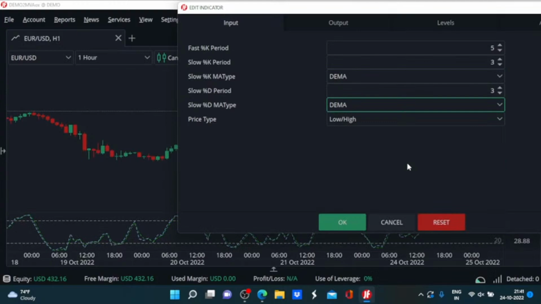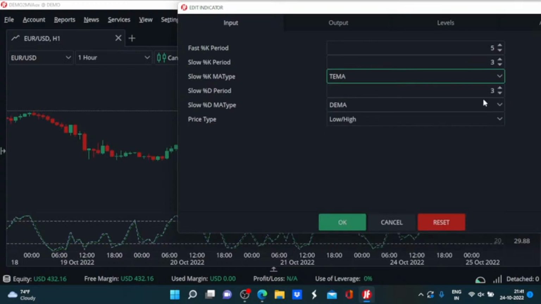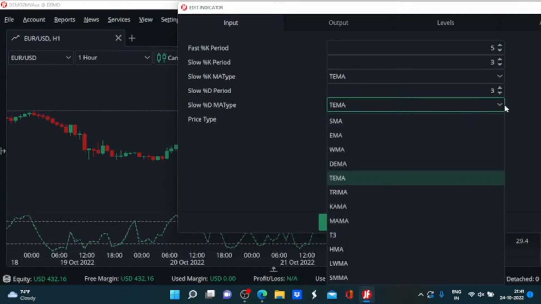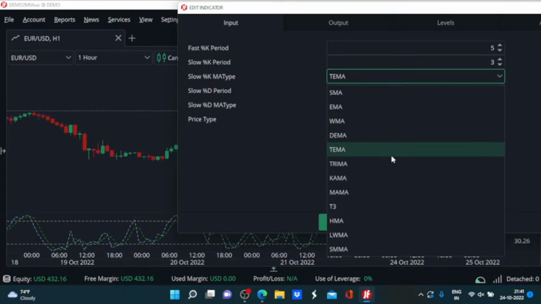So now we are using DEMA instead of the WMA. If you go for TEMA, which is simply the triple exponential moving average, we have a lot more smoothing. Now TRIMA, let's try out TRIMA, what happens with this.